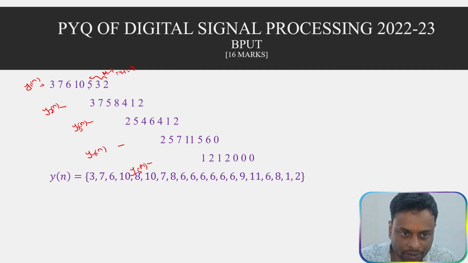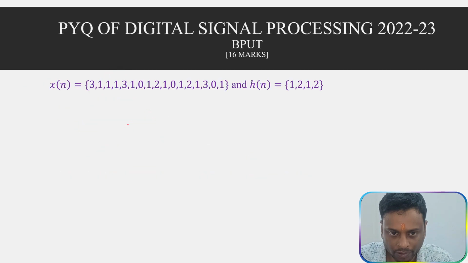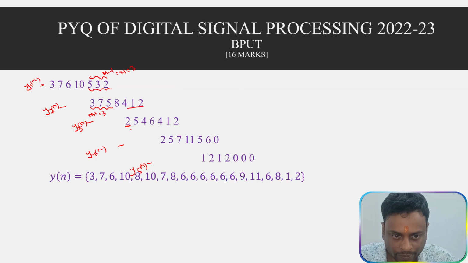So these 3 data points will be added to these 3 data points, which are also M minus 1, that is 3 data points. Likewise, these 3 data points will be added to the first 3 data points of the next sequence.